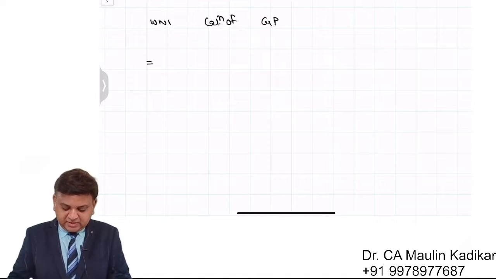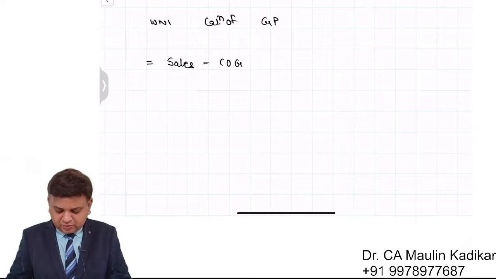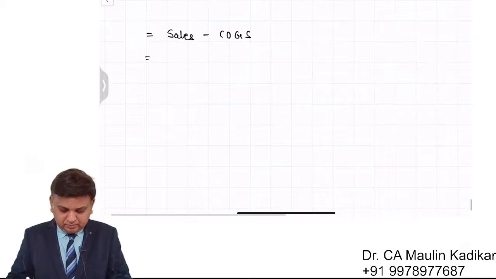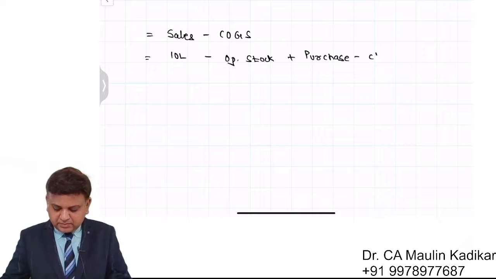Gross profit is calculated as sales minus cost of goods sold. Sales is 10 lakhs. Cost of goods sold is opening stock plus purchase minus closing stock.